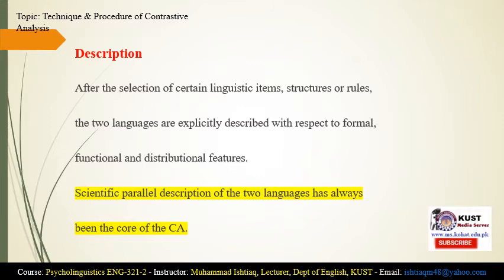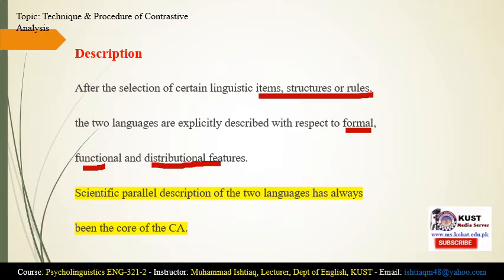When we have selected these special things of the two languages in question, then the two languages are explicitly described. The description must be based on formal features, which means which forms they take; functional features, which means which functions they perform; and distributional features, where they are placed in a sentence. By distributional features we mean the place where they are used.